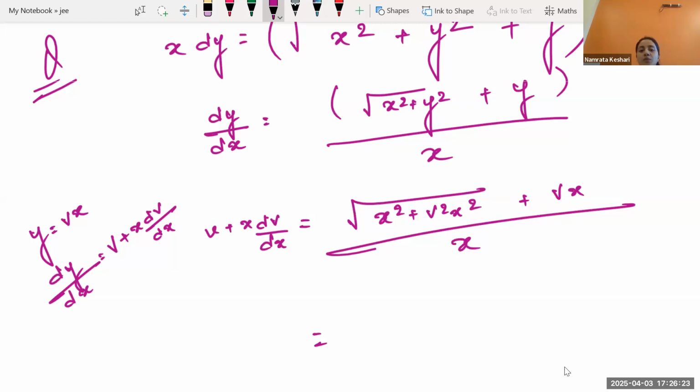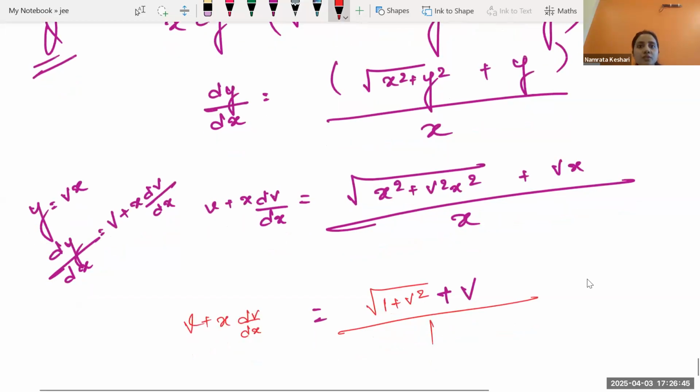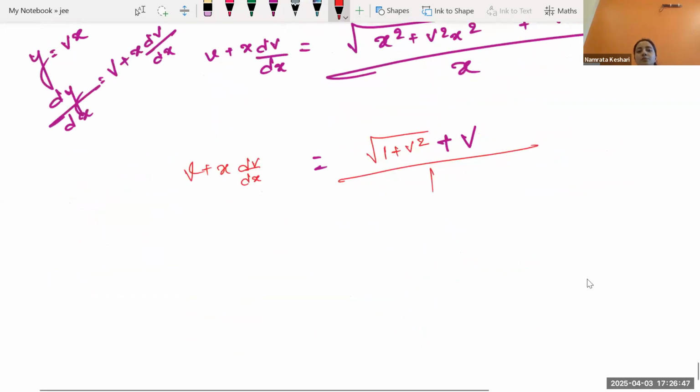Then we can take x common. In the numerator, we are left with the root of 1 plus v², and just 1 in the denominator, nothing else. Right? Any confusion? Okay, let's proceed.